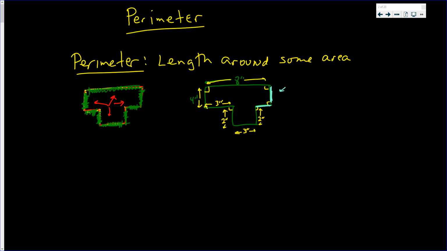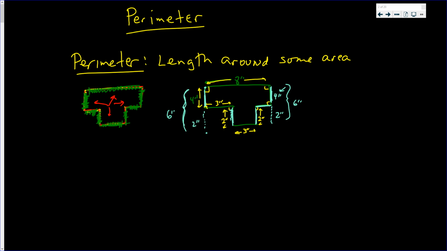Let's find this one first. Well, from the top to the bottom, this is 4 inches and this is 2 inches. I can take these 2 inches and put it here. That's 2 inches. That means the whole thing is 6 inches. I can take these 2 inches and put them here. So this must be 4 inches, because then 4 plus 2 is 6 inches, just like I'm supposed to have.